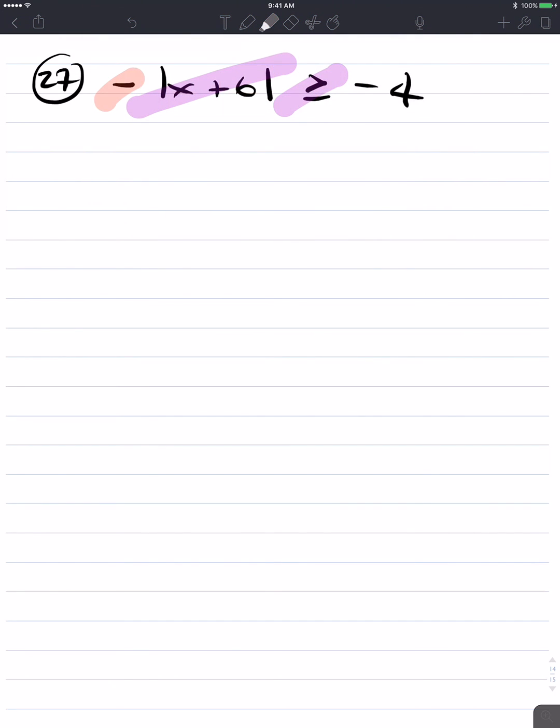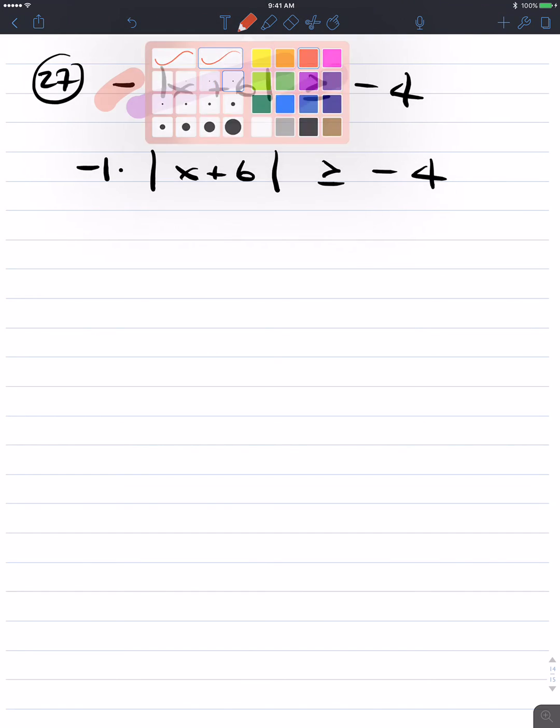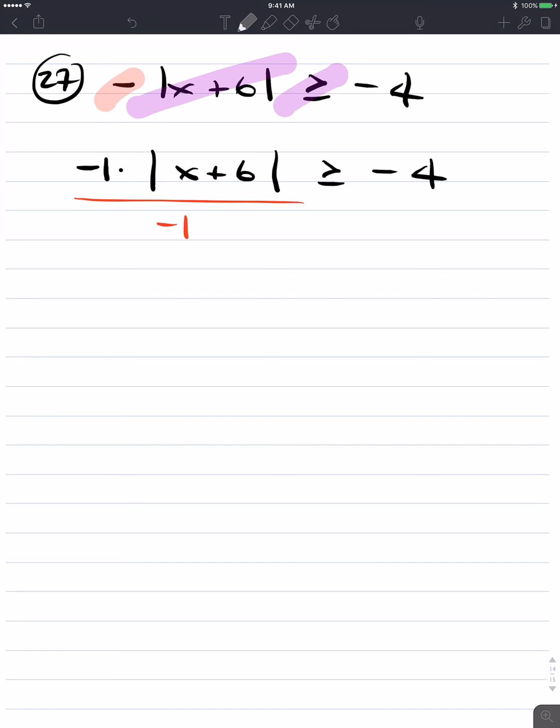We have this negative 1 out here multiplied to our absolute value. What that means is we have negative 1, absolute value of x plus 6 is greater than or equal to negative 4. We can divide both sides by negative 1, but remember to switch your inequality sign.